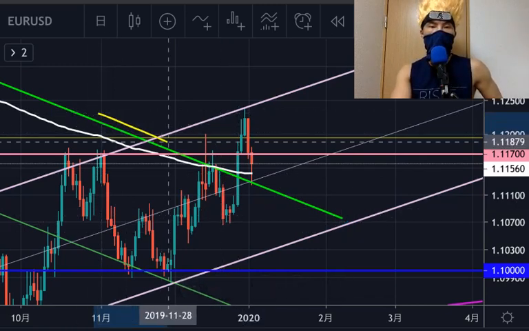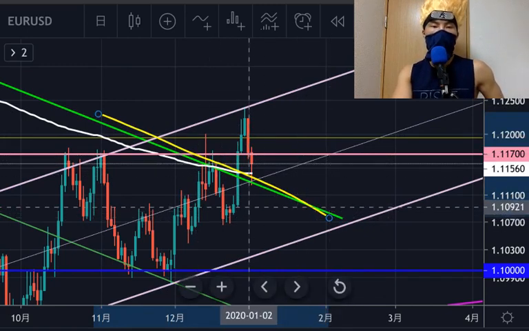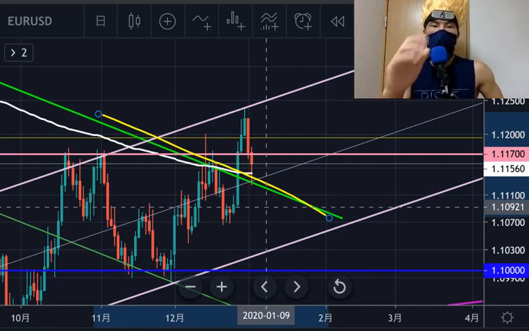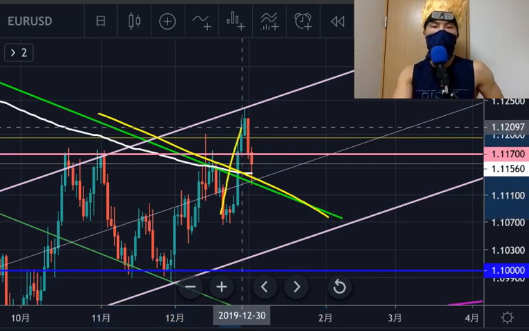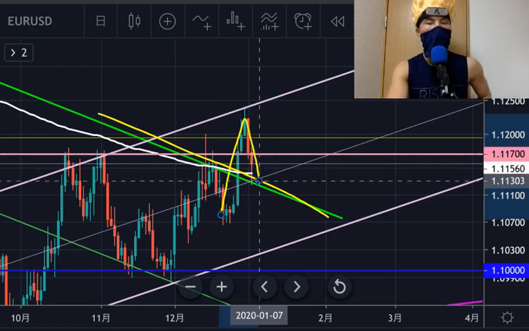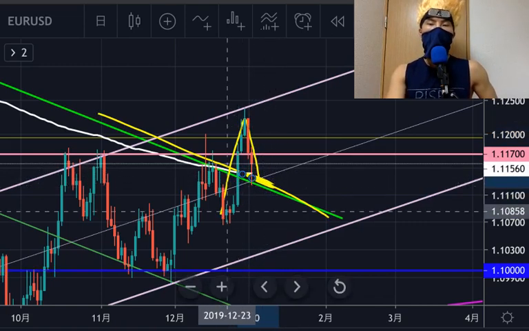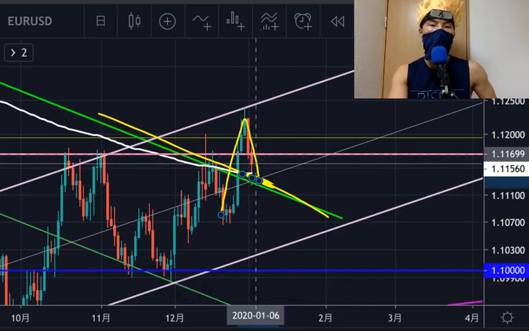This green descending channel was controlling the market, and it meant the downtrend was the mainstream. But now it broke out, and one touch. It's now checking whether the resistance has changed to support.